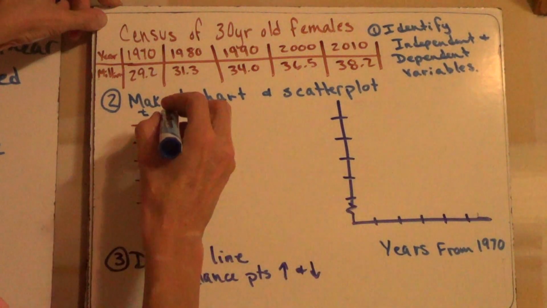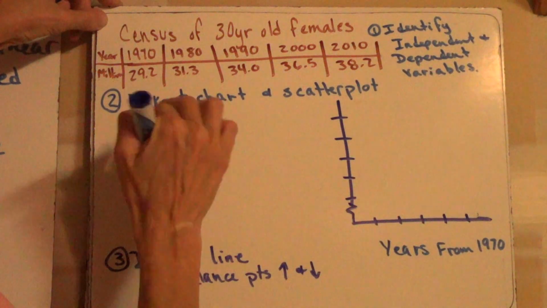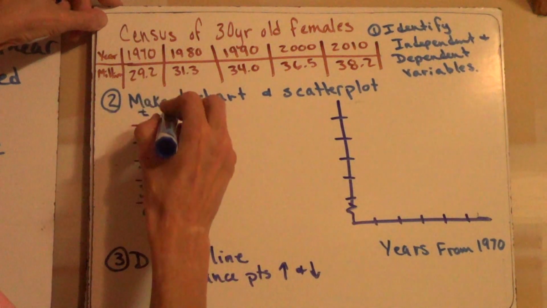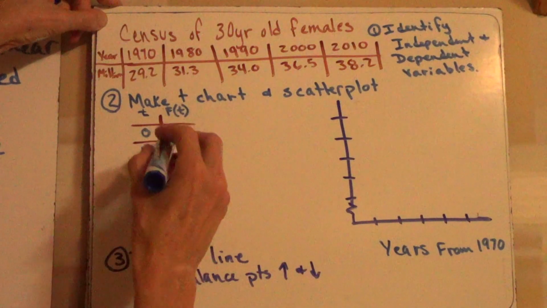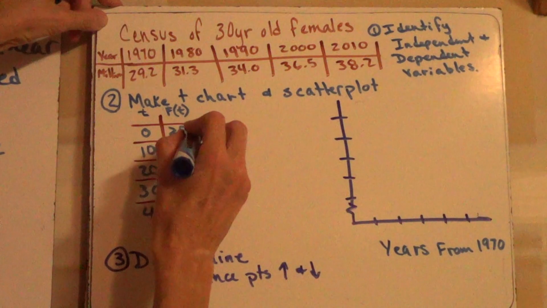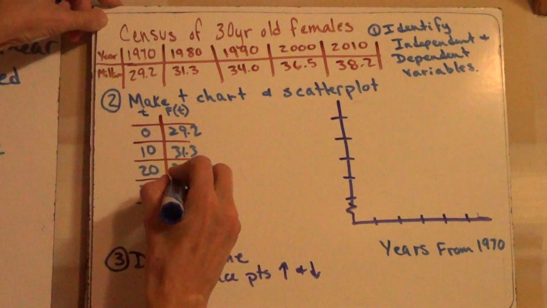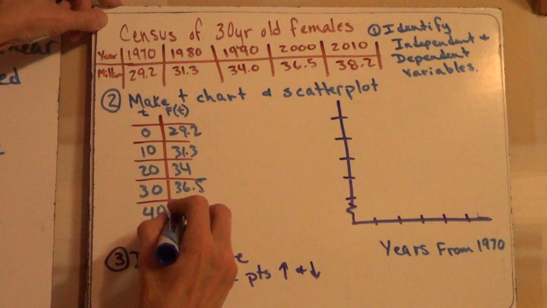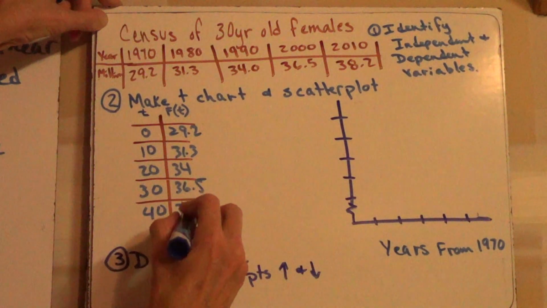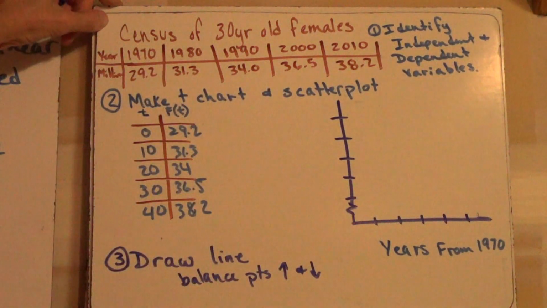And then f of t, the function of t, 29.2, 31.3, 34, 36.5, and 38.2. So we make a t-chart, then we go ahead and we make a scatter plot.